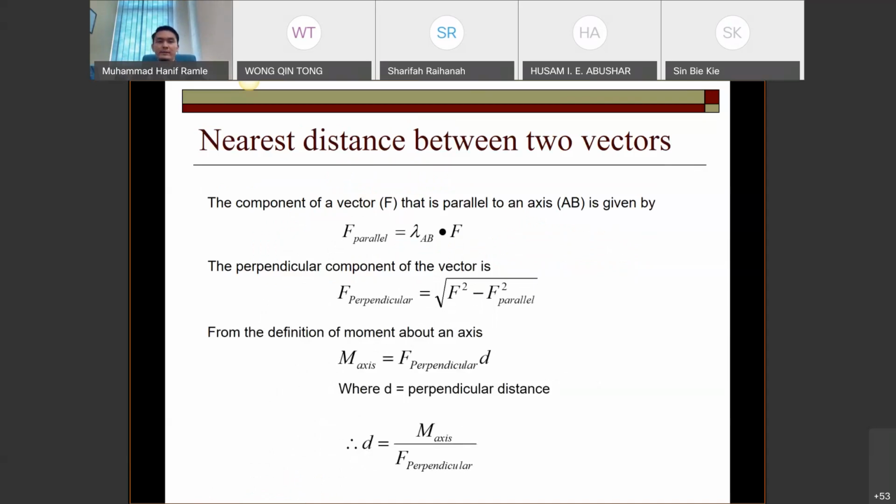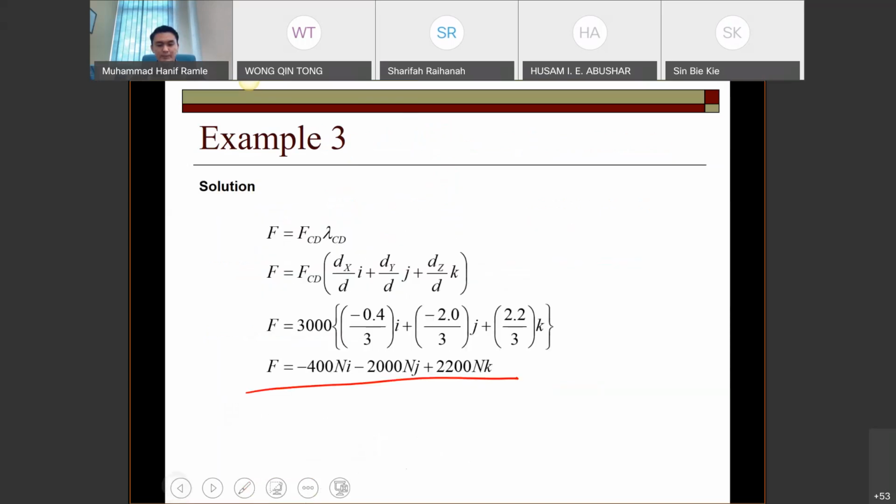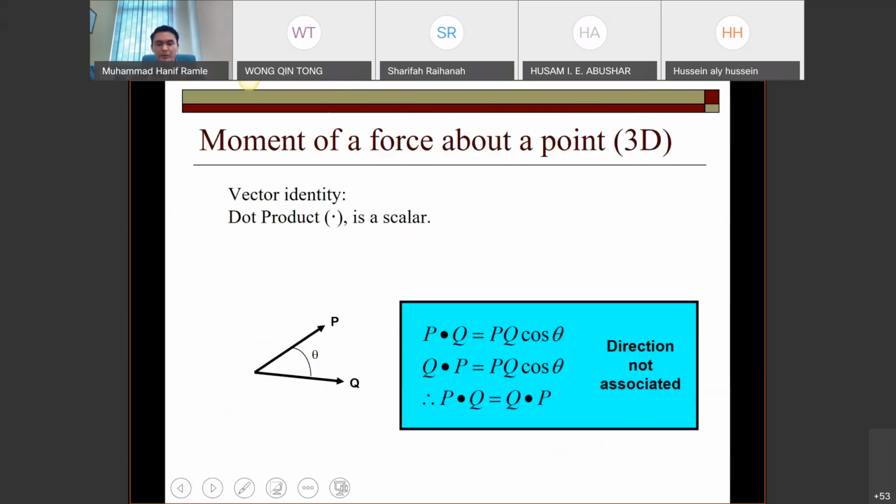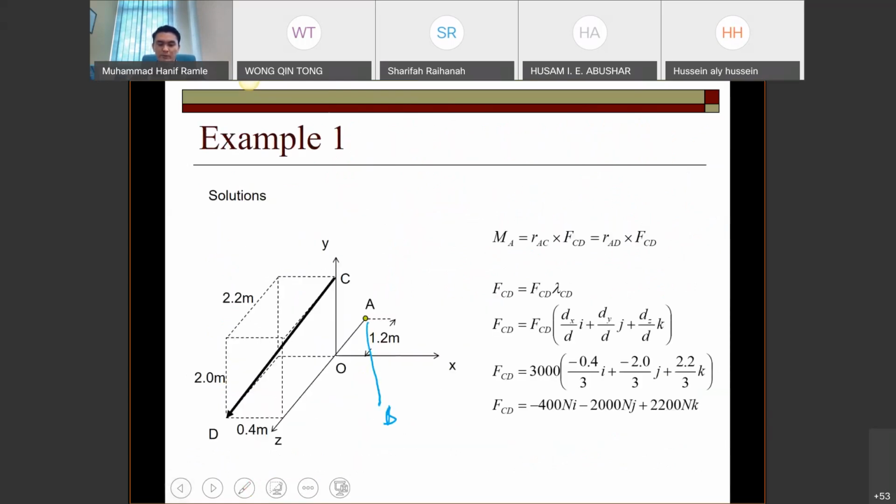If you have two different vectors, like in 2D, you can get the nearest distance. This is different from the nearest distance between a point and a force. Last week, we learned about the nearest distance as well, but it is from a point to the force. Like this, this is the example we covered last week. This is the line of action.